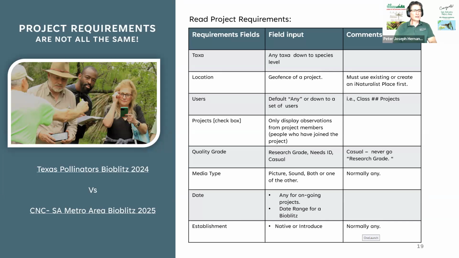Okay, and then quality grade, and this is something going back to one of our earlier slides. Is it research grade? Is it needs ID, or is it casual? I do know that for our chapter biodiversity project, our Alamo area, we make it research grade and needs ID. We don't include casuals.